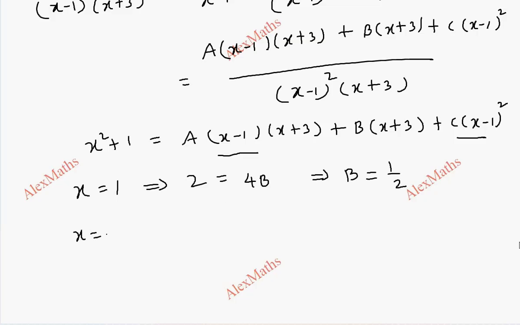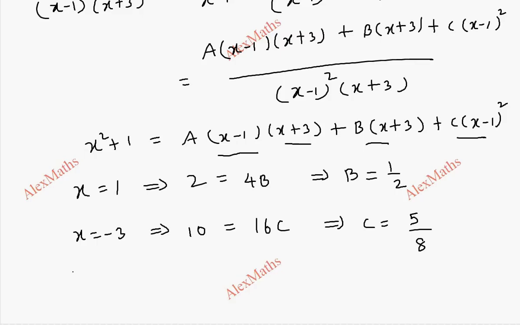Now if we take x = −3, (−3)² is 9, so 9 + 1 is 10, and this becomes 0, this becomes 0. I put −3 here, −3 − 1 is −4, and its square gives plus 16. So C is 10/16, which is 5/8.